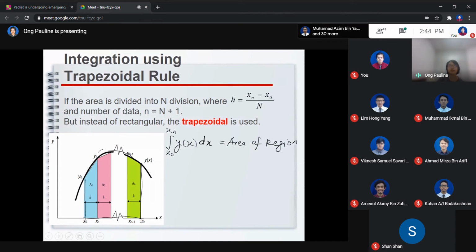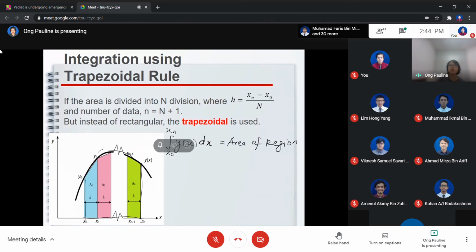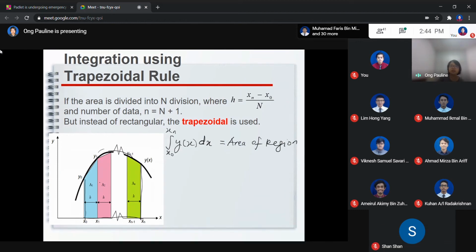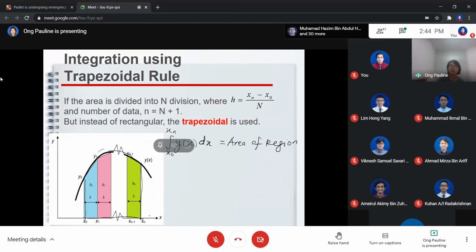We looked at it at the very beginning. Now we try to approximate this entire region by using n trapeziums.